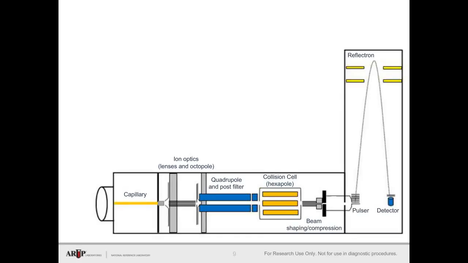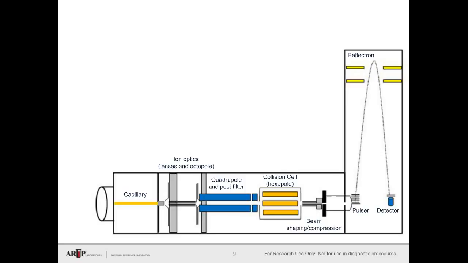Let me give you a brief overview of what's going on inside the instrument. The LC stream enters the source, desolvation occurs, and ions are sucked through the capillary. They go through an octopole and a series of lenses and a quadrupole. If you have a QTOF, ions will flow through the collision cell.